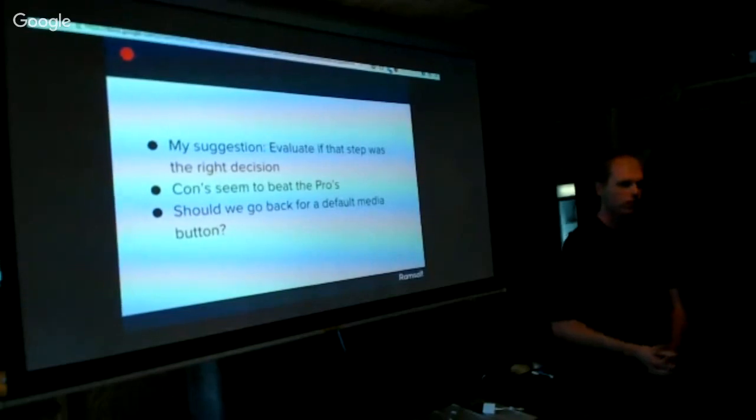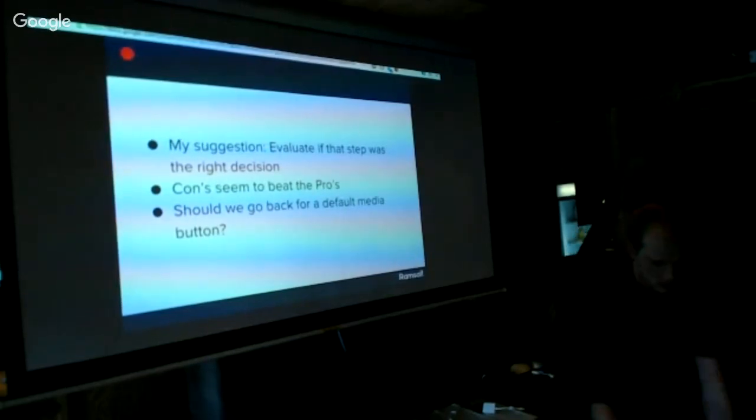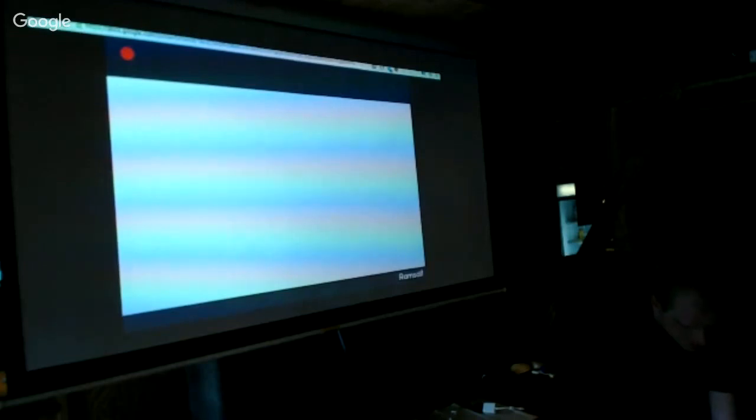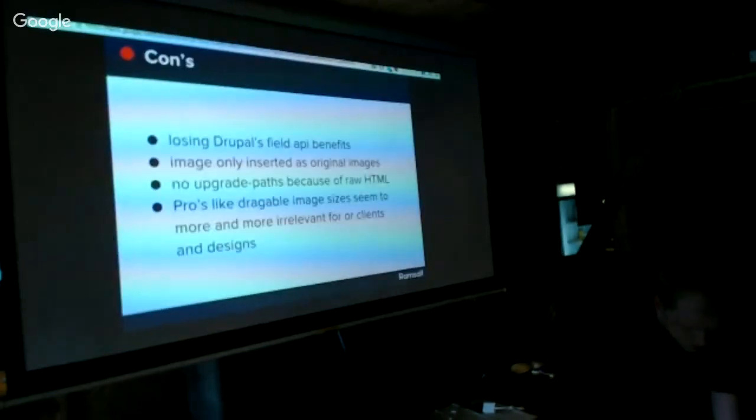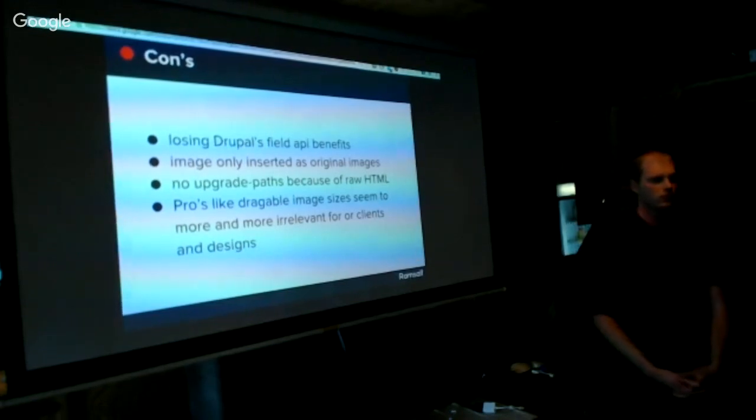Yeah, if you can go to the cons, that's something that I saw a couple of days ago. I wanted to ask because I didn't get exactly why. I think you explained it. Images only inserted as original images. Yes.